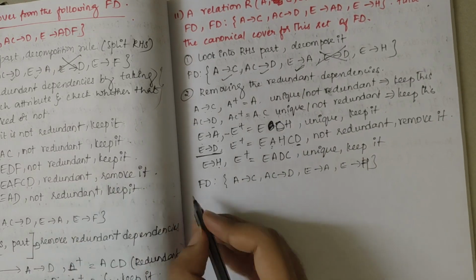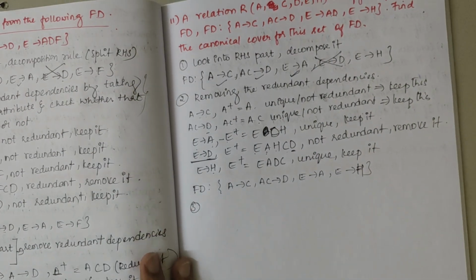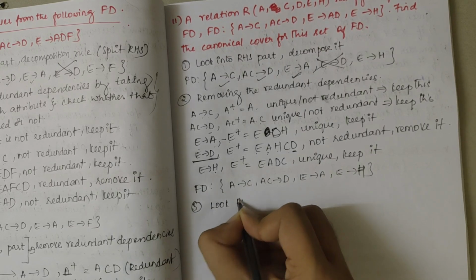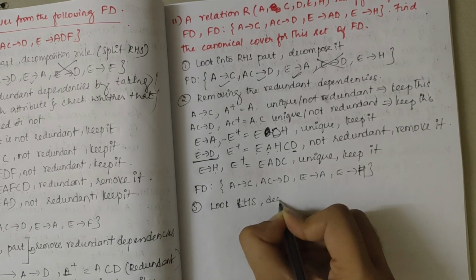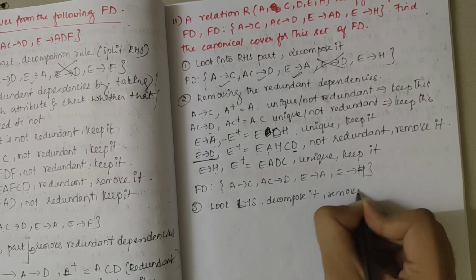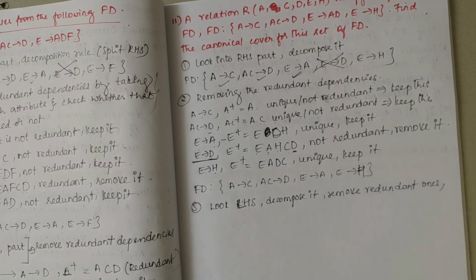So this is similar to the previous question. I had found this question in the previous year paper, so I wrote it. So third step, look into LHS part, decompose it, and then remove the redundant ones.